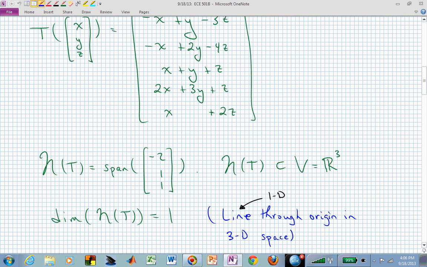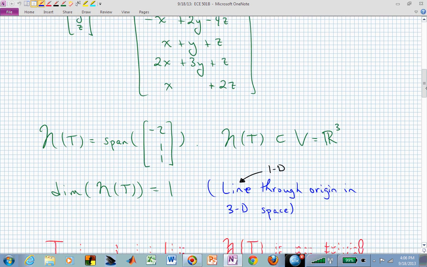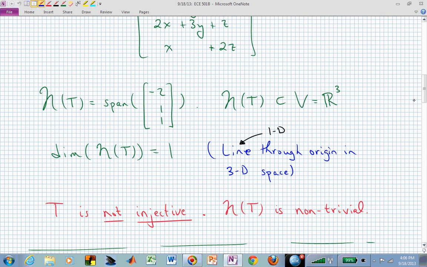That's all that's saying. And I think we introduced that last time. Which means that T is not injective. There's not a one-to-one connection between vectors in the domain and vectors in the codomain, because we have a non-trivial null space.